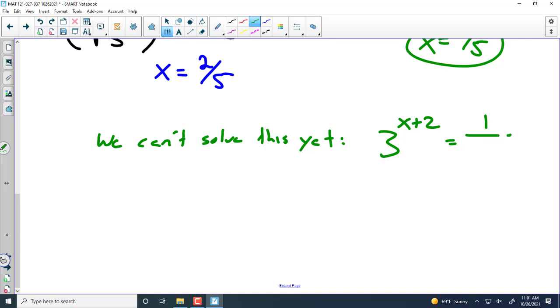Right now, I have no way to solve that problem because I can't make the base 3 match the base 5 no matter how hard I try. So right now, what we learned in section 4.2 is just how to solve them when the bases match, or we can make the bases match.